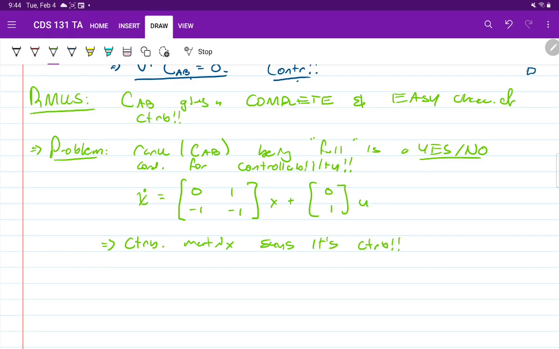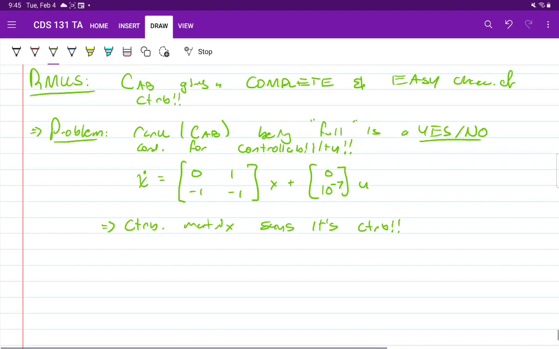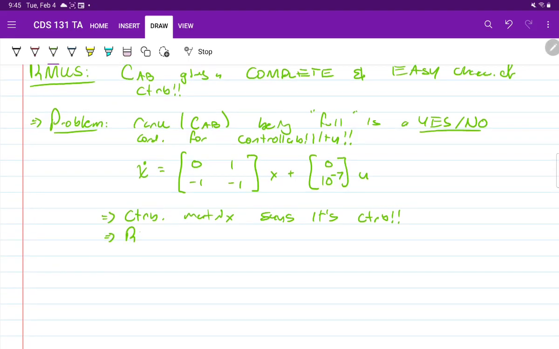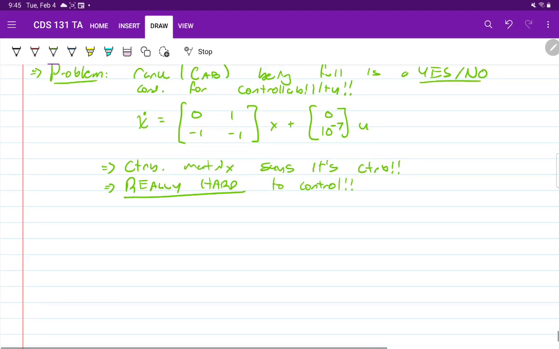I just go ahead and make that check, right? It'll tell me, yes, that system's controllable. But now, if I replace this with, say, 10 to the minus 7, the controllability matrix will still tell me that the system is controllable, right? But I'm going to have to put in a huge amount of effort if I actually want to do anything, okay? The system is really hard to control, okay? So this yes or no test really doesn't give us a lot of granularity, okay?